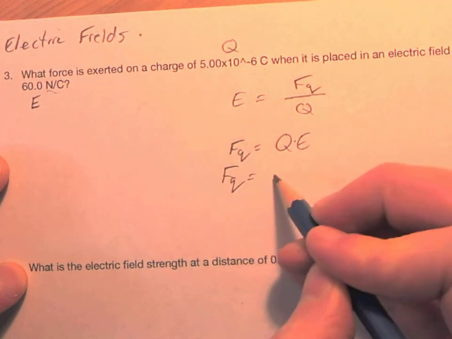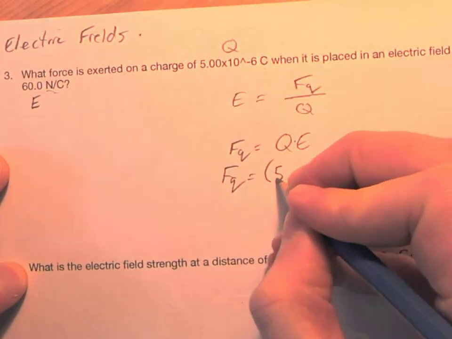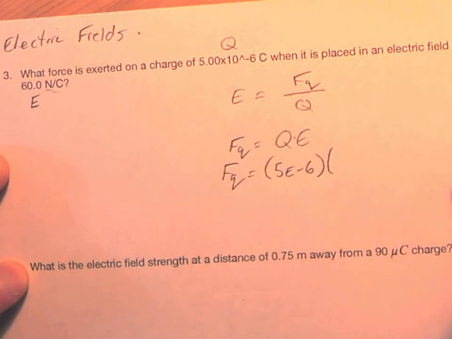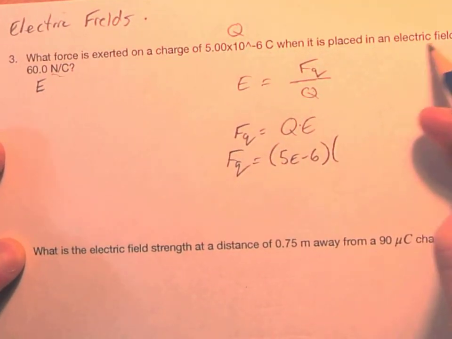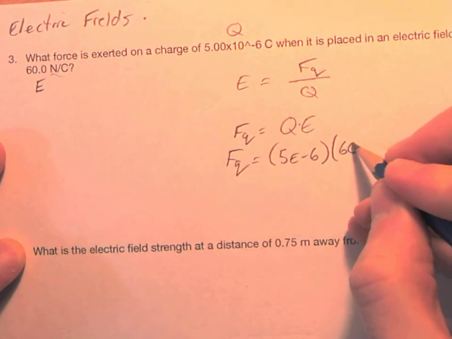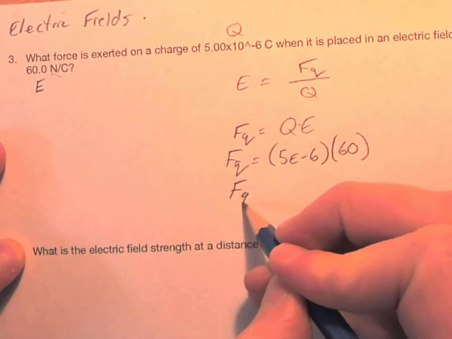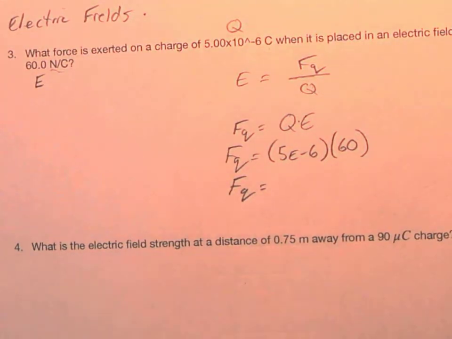Here they give us Q is 5e to the negative 6 coulombs of charge, and our electric field strength is 60 newtons per coulomb. So our force on this charge is just those two multiplied, which is 5e to the negative 6 times 60.